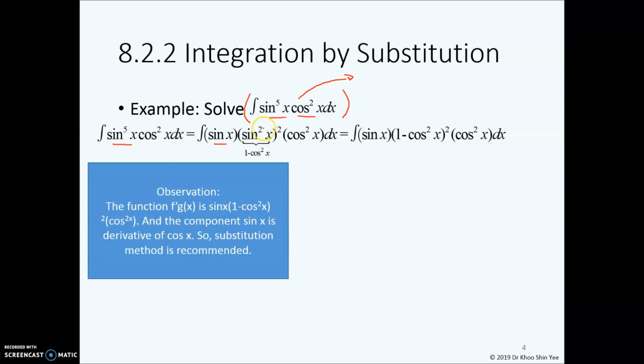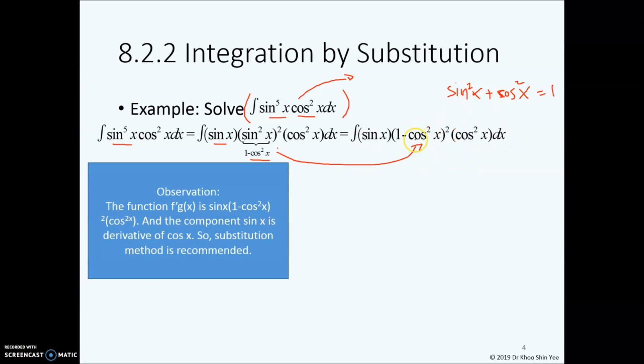We are more familiar with sine squared x because we have the identity sine squared plus cos squared equal to 1, right? So from this identity, we can see that sine squared x is equal to 1 minus cos squared x. Therefore, we can substitute this inside and we get this answer.